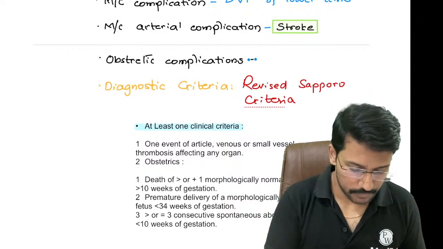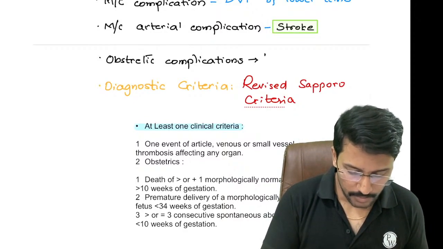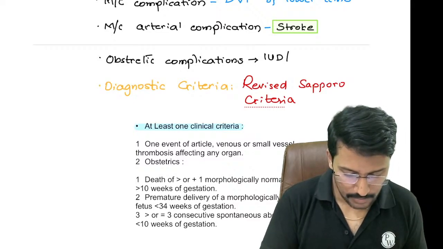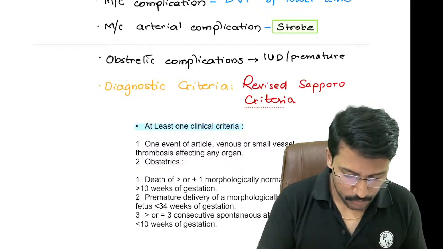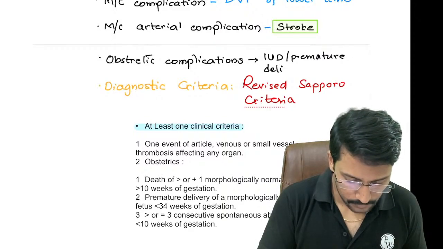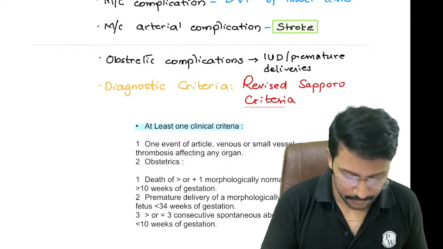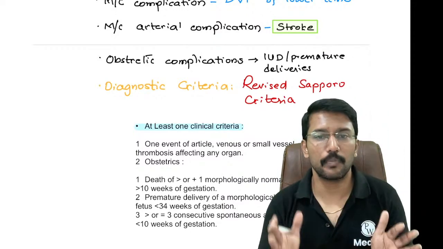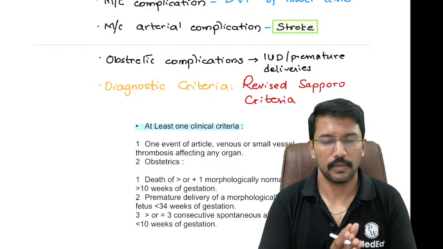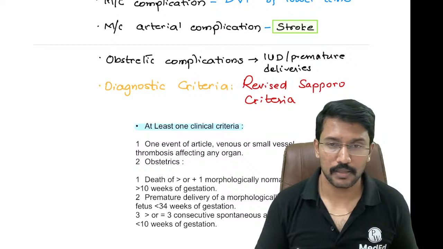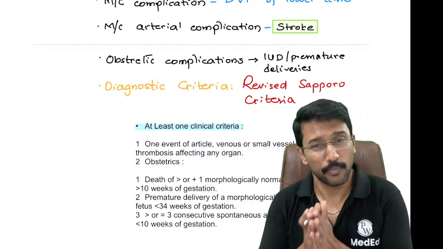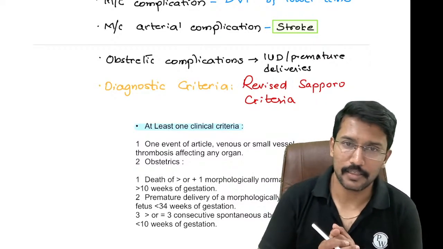So that includes intrauterine death, right, as well as premature delivery. So in simple words, recurrent pregnancy loss. That is why whenever someone says that there were 2 abortions, 3 abortions in the past, we do investigate for the possibility of antiphospholipid syndrome.